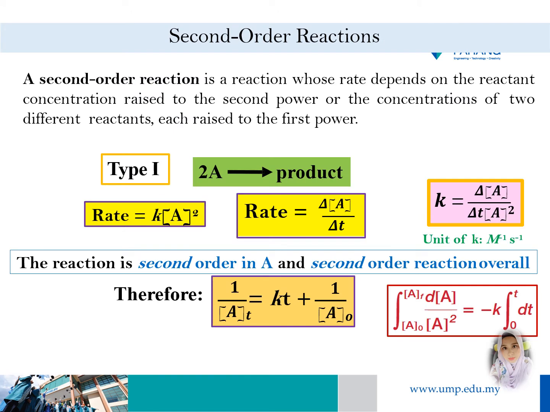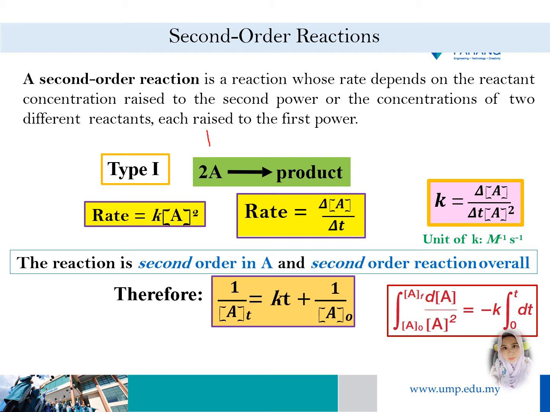Okay, for second order reactions, the rate of the reaction depends on the reactant concentration raised to the second power, or on the concentrations of different reactants. So for type 1, there are two concentrations of the same species.